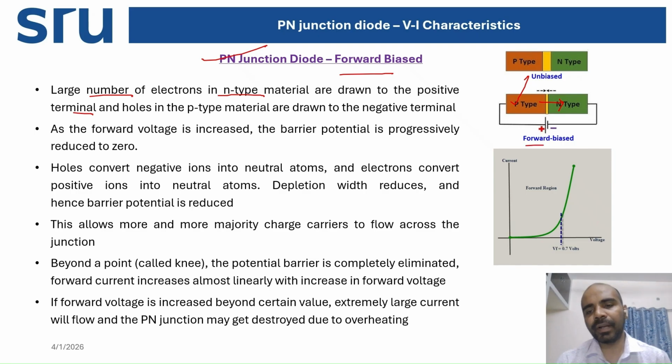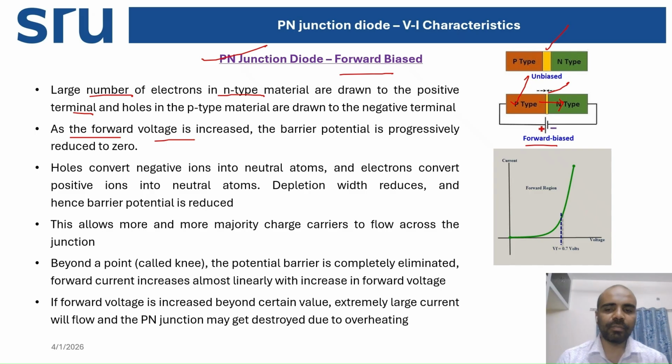When you apply the positive pole of the battery to the P region and the negative pole of the battery to the N region, that is in forward biasing condition, the electrons from the N region try to move to the P region, whereas the holes at the P region try to move to the N region, right? As a result, the width of the depletion region decreases. You can see in the figure, in forward bias condition, the width of the depletion region decreases, right?